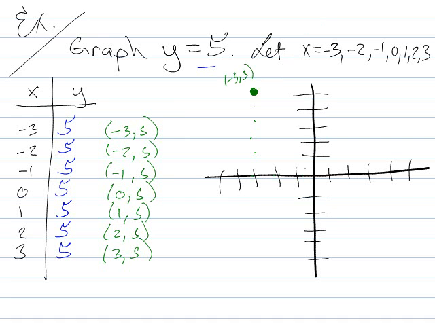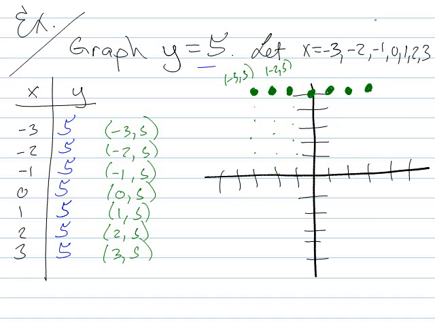We have a point at -2, 5. 1, 2, 3, 4, 5. So that's -2, 5. Then we have -1, 5. 1, 2, 3, 4, 5. So you're kind of starting to see what this is going to look like. There's -1, 5, 0, 5, 1, 5, 2, 5, 3, 5.